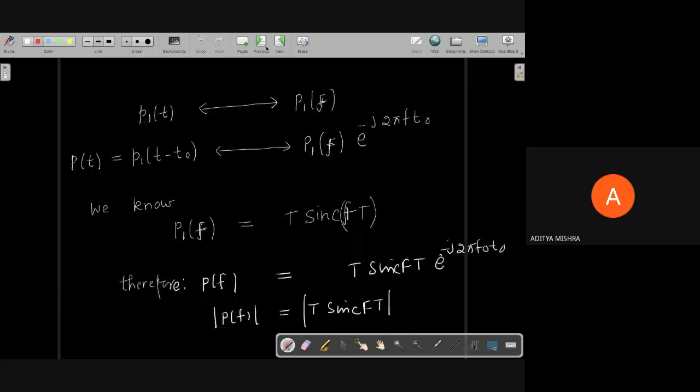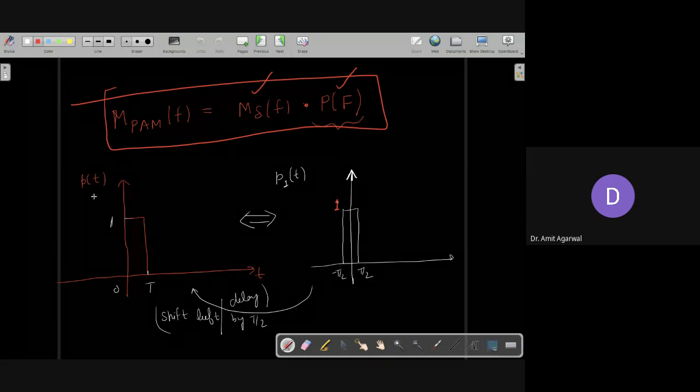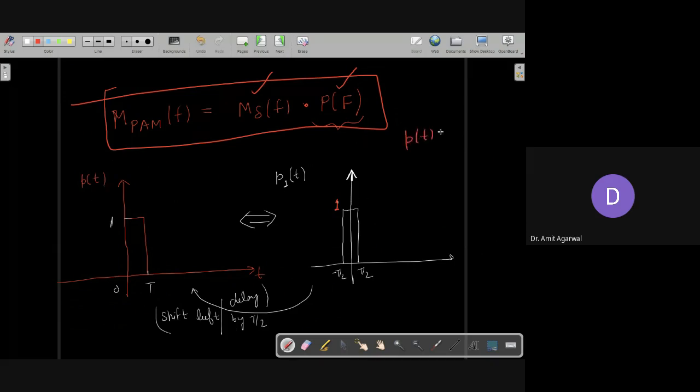So this pulse which we are using is nothing but a delayed version, if you shift it by T by 2. So p(t) is nothing but p1(t minus T by 2). That you agree? You are shifting it to the right.